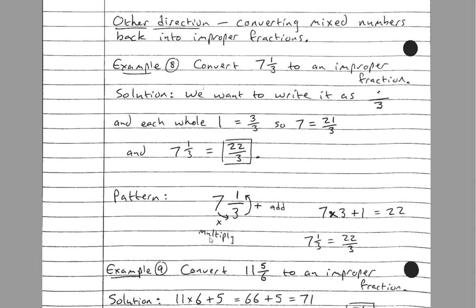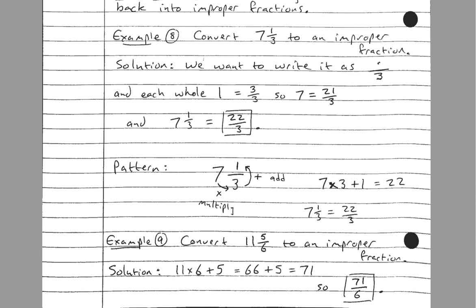If you remember this pattern, here's the mixed number we want to convert into an improper fraction. Multiply the 7 by the 3, you get 21, and then add on the 1. We're kind of going in a circle like this.